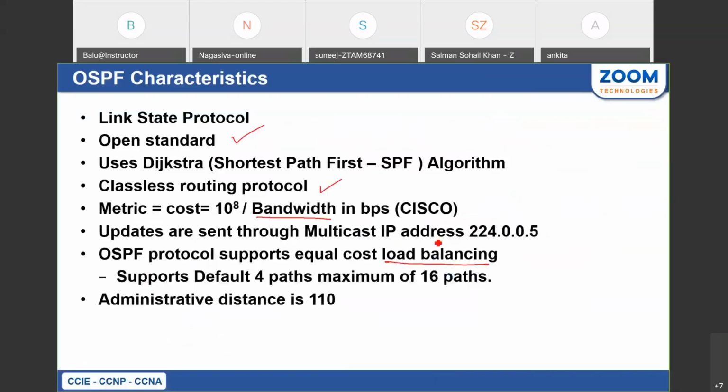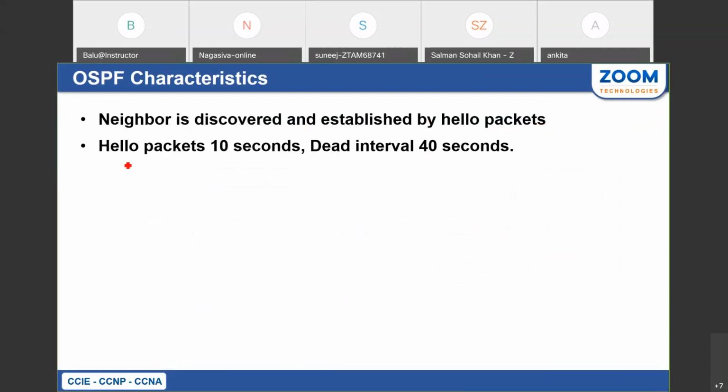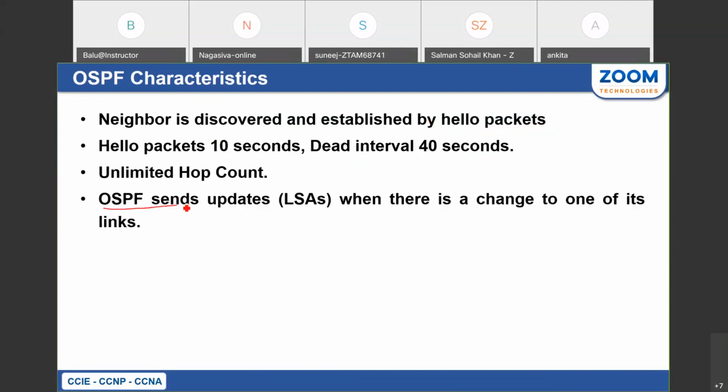Now come to the theory class reference. A neighbor is discovered and established by hello packets. Hello packets every 10 seconds. The dead timer is 40 seconds. Support for unlimited hop count. OSPF sends LSA updates when there is a change to one of its links. LSA means what, guys?